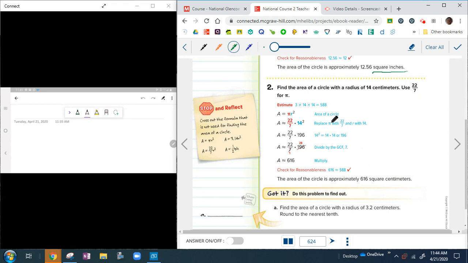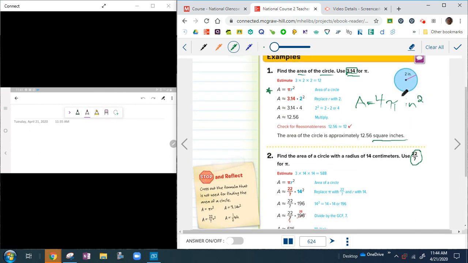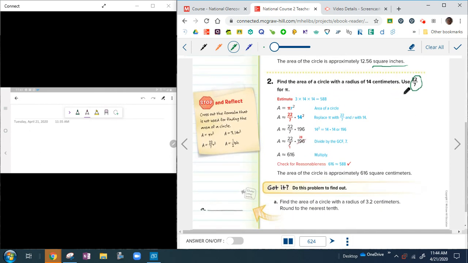Okay, now, in this case, they're asking you to use the approximation 22/7, right? 7 goes into 22 about 3 times, which pi is about 3, 3 and a little more. So that's another approximation for pi. It's not as well known as 3.14, but it still works. And in this case, we're using it because 14 plays nicely with 7.